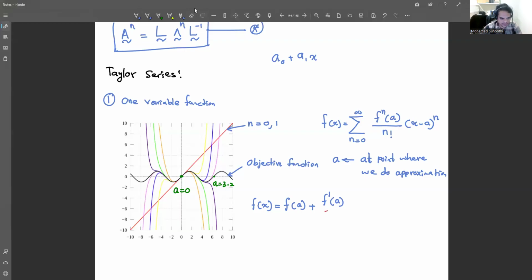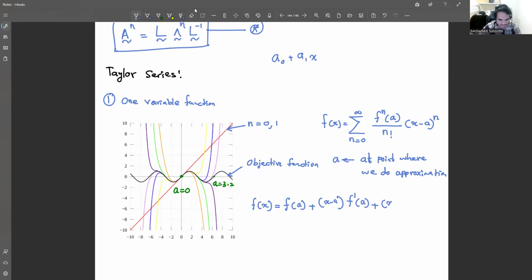So I will write this one first: x minus a, f dash of a over 1 factorial.